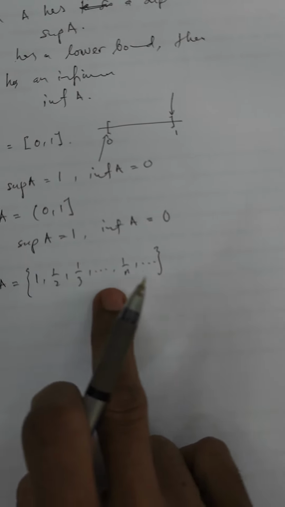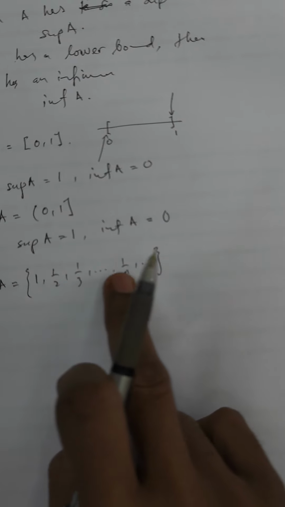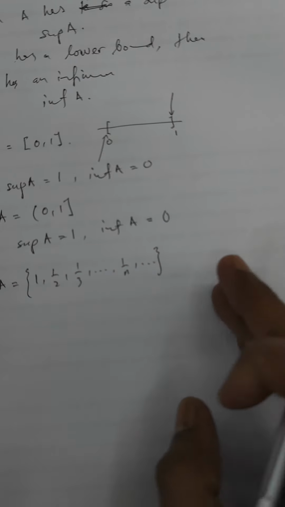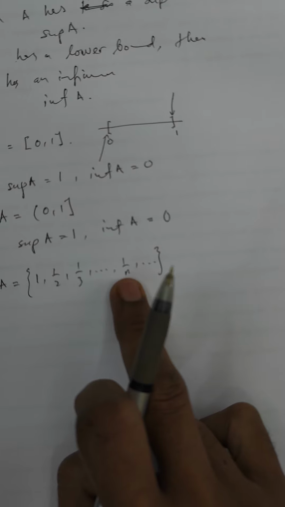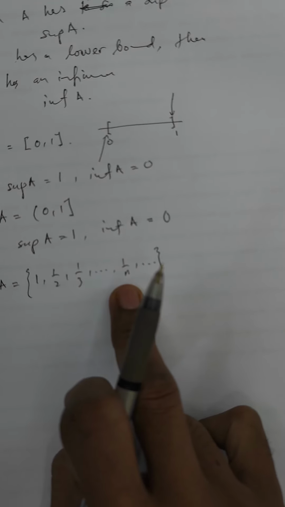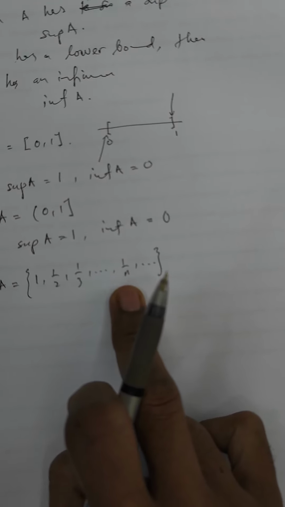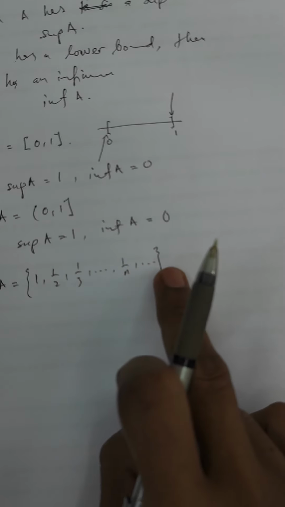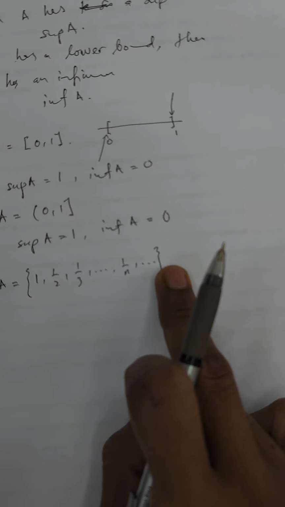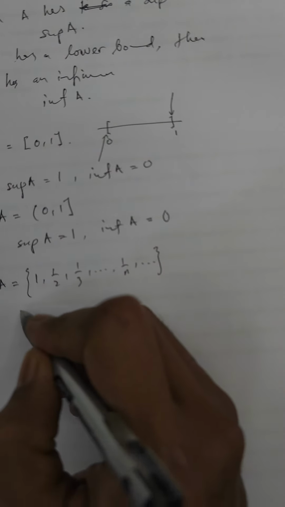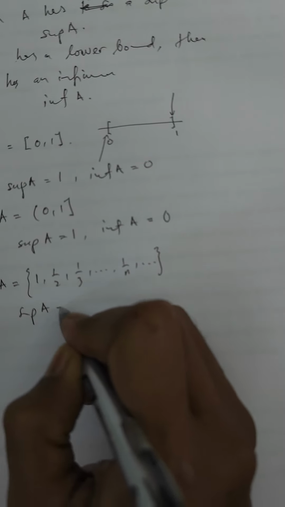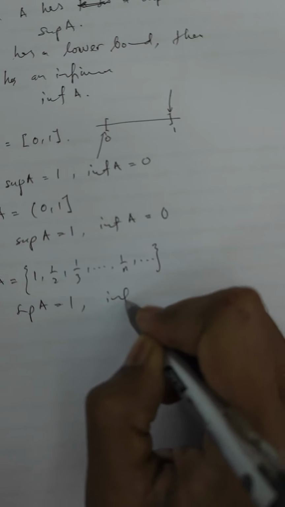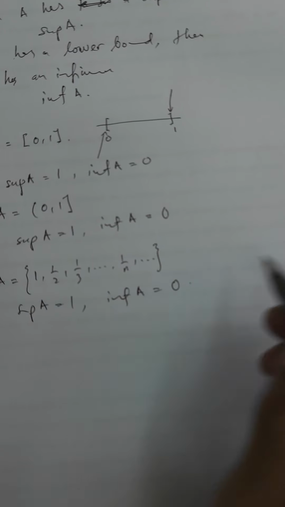The denominator is getting bigger and bigger, and therefore the terms become smaller and smaller. But since n is always positive, no matter how big you choose n, none of those terms will go lower than 0. So in this case, we say the supremum of A is 1, and the infimum of A is 0.